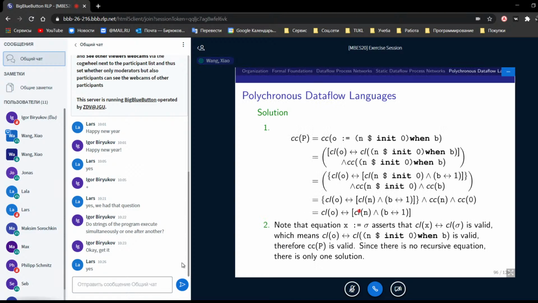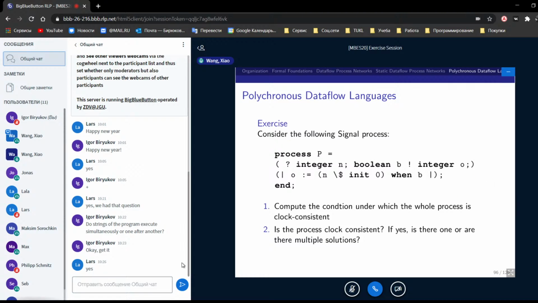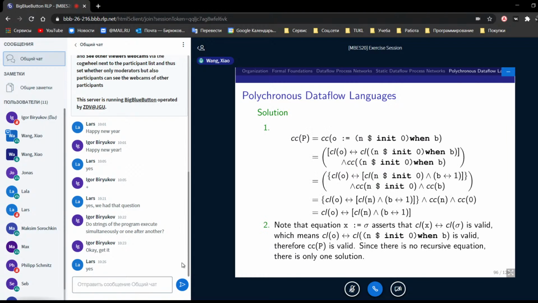Okay. So as you can see here, it's the entire line we have to compute, because we have to compute CC and then program P. And the body of program P is this whole line here, and not just the right-hand side of it. Then what's the clock consistency condition of that? It's the clock of O. The clock on the left-hand side should be equivalent to the clock of the right-hand side.